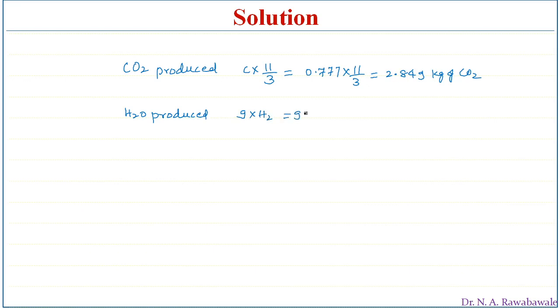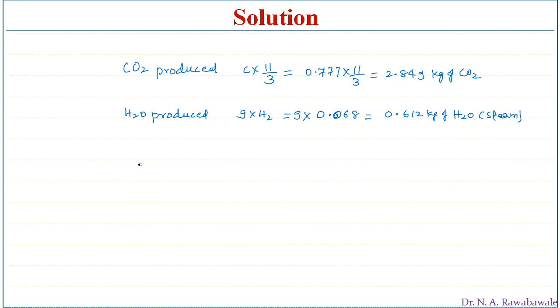So 9 into percentage of H2 is known, that is 0.068, as the percentage is 6.8%. So multiplying this, we get it as 0.612 kg of water, H2O or steam, produced in the combustion of fuel.